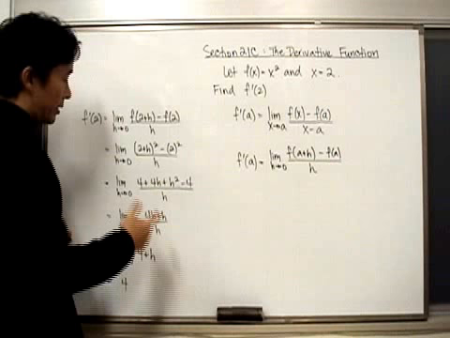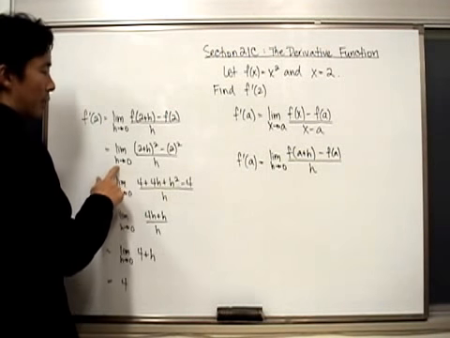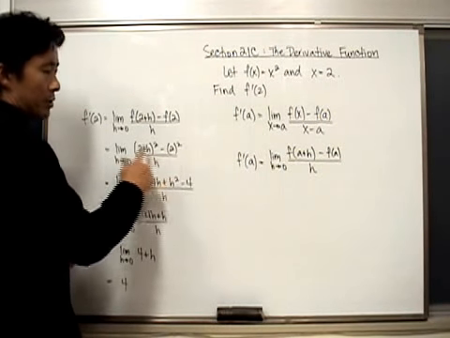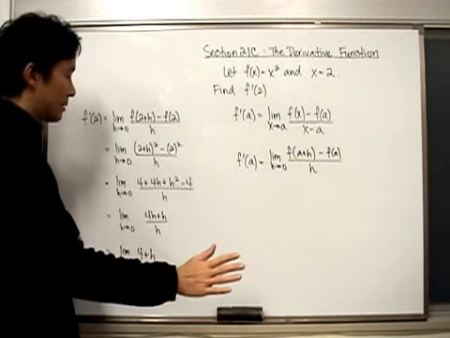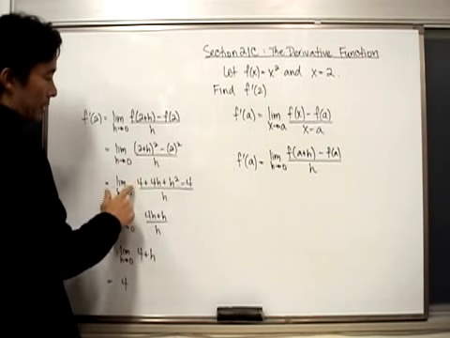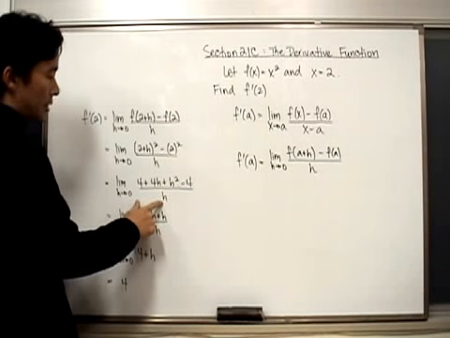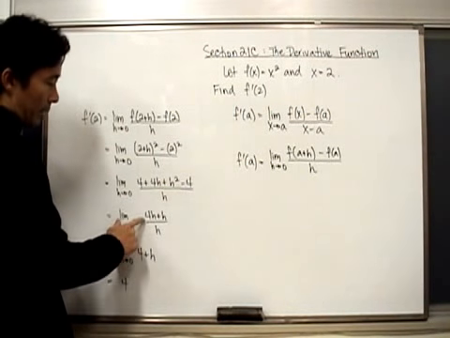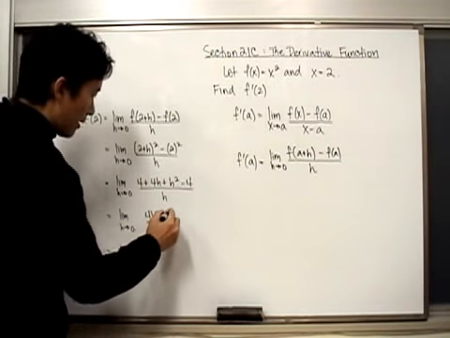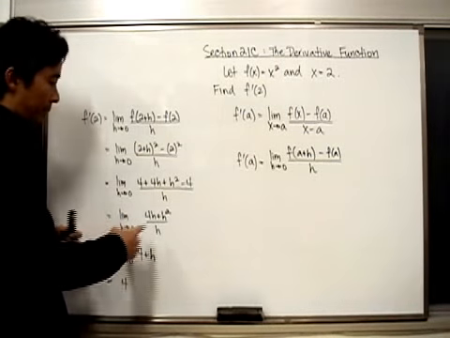Again, notice that if we substituted the value of 0 in for h at this point, we would come up with 0 over 0, which doesn't make any sense. So I would expand this and come up with 4 plus 4h plus h squared minus 4 divided by h. Notice that the 4's will cancel and I come up with 4h plus h squared divided by h.